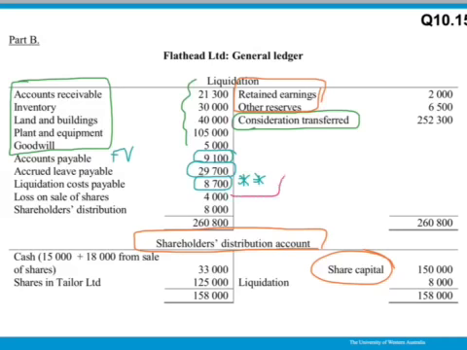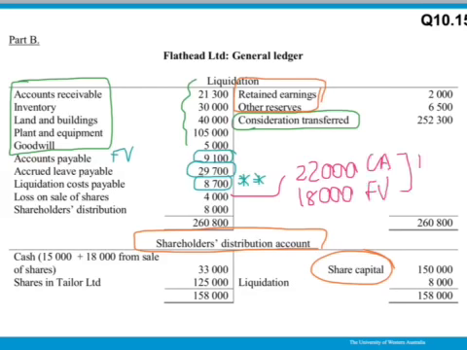Now, the shares in listed companies recorded in Flathead Limited were recorded at $22,000. It was realized at $18,000, which is the fair value carrying amount.